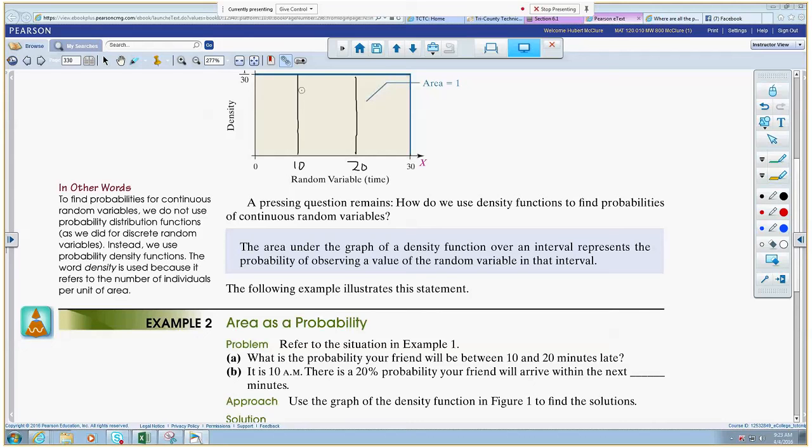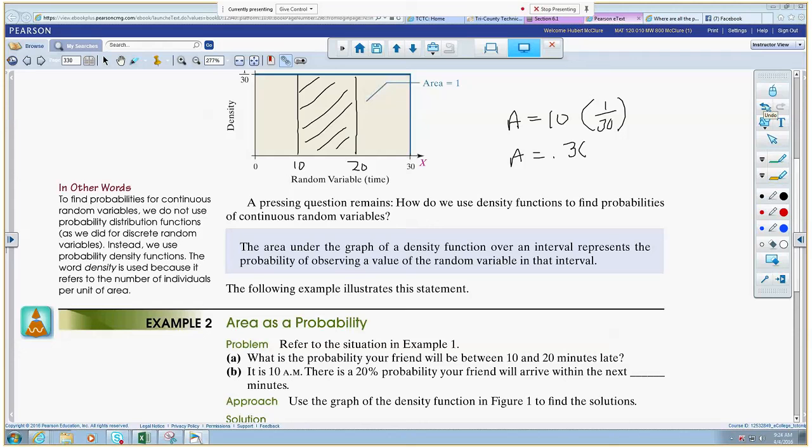So what would the probability, what's this area right here? Well, we calculated that the height is 1/30. So we need to calculate this area. What is the distance? So area is equal to 10 times 1/30, which is 0.33. So what is the probability that your friend is going to be 10 to 20 minutes late? 0.33.